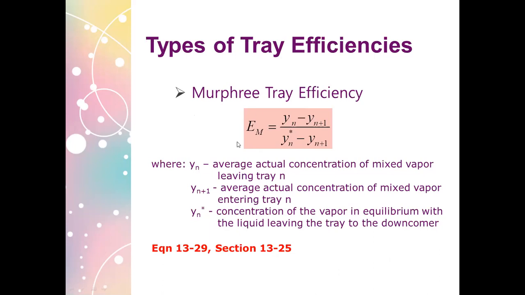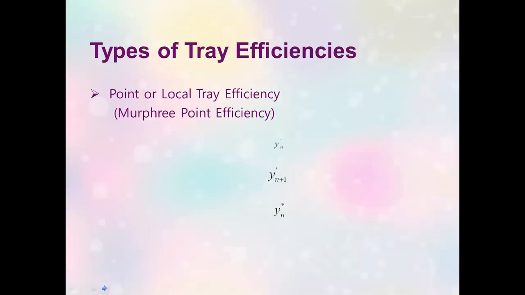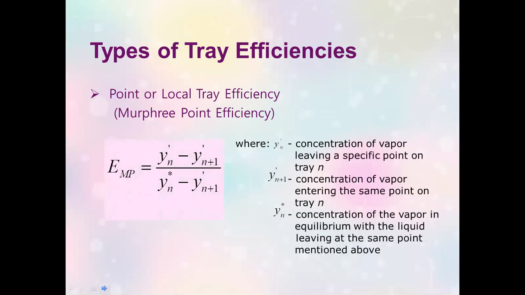This one is now considering efficiency based on concentrations on a particular tray as average, and this is more accurate than the overall tray efficiency. This one is even more accurate, okay? More accurate than the E sub m, because this one accounts for the concentration at a particular point on a particular tray.